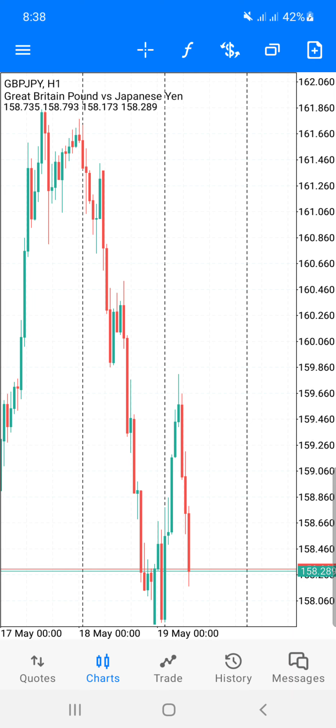Okay, I opened GBP JPY. That's Great British Pound Japanese Yen. So remember, you will switch to portrait mode so I can have a wider view of the market, right? So now I'll switch to portrait mode so I can have a better view, right?